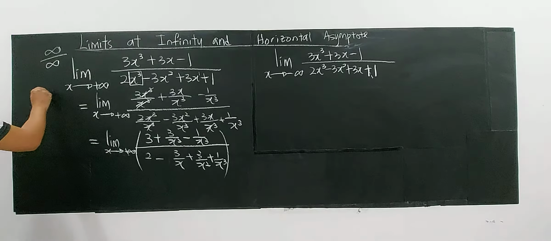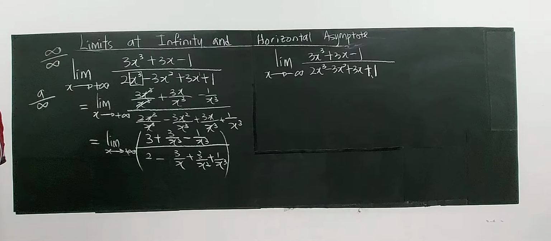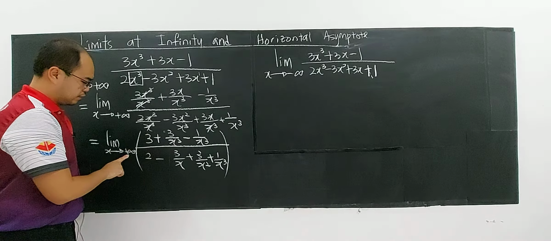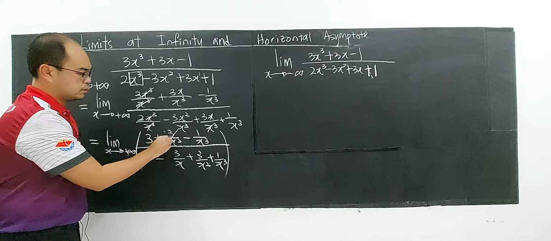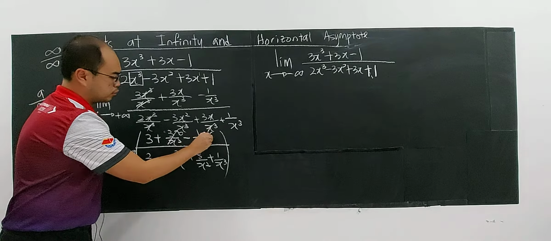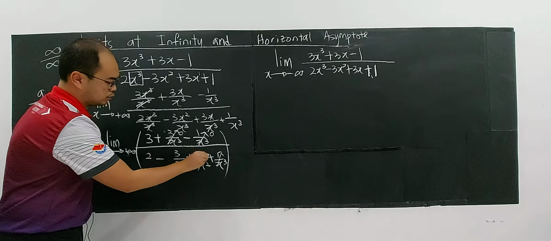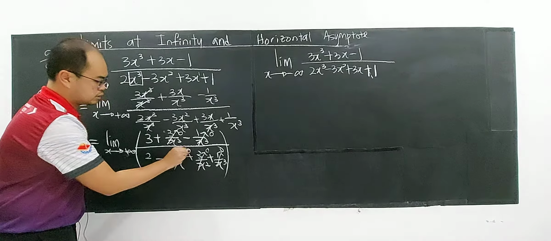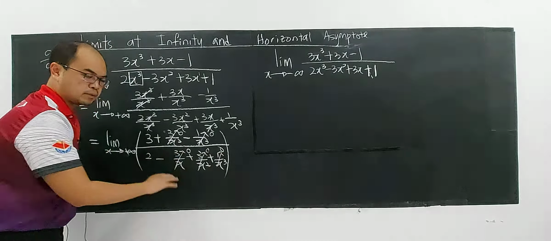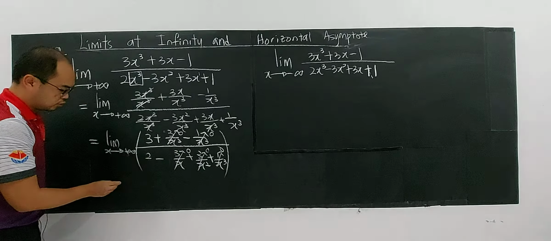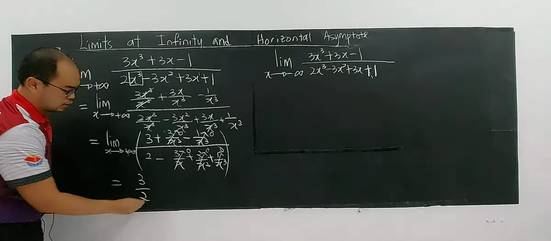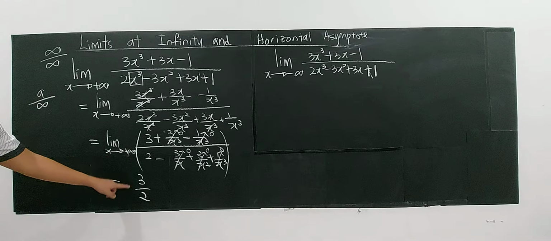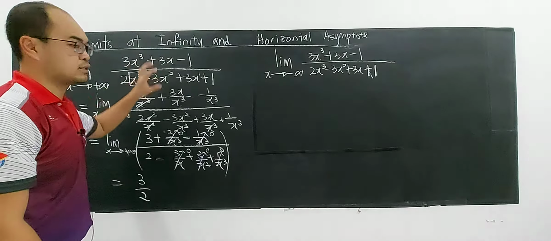So as you know, in the cases where a number is divided by infinity, a number divided by a very big number, approaching 0, this one is all very near to 0, becoming insignificant. So then the whole thing here is approaching 3 over 2. So 3 over 2 will be the value for this limit at infinity for this function.